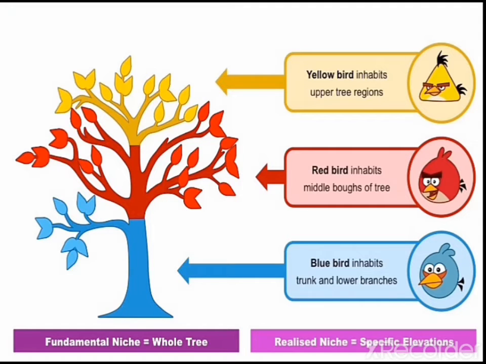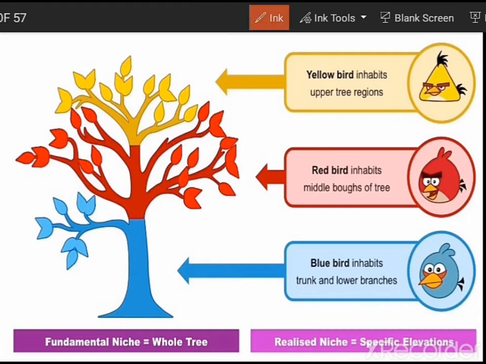To understand the concept of niche, here is an example of the most famous game, Angry Birds. Here we can see three birds. One is a blue bird, another is a red bird, and another is a yellow bird. Here we have a tree. This complete tree is known as a fundamental niche. This fundamental niche has certain parts.